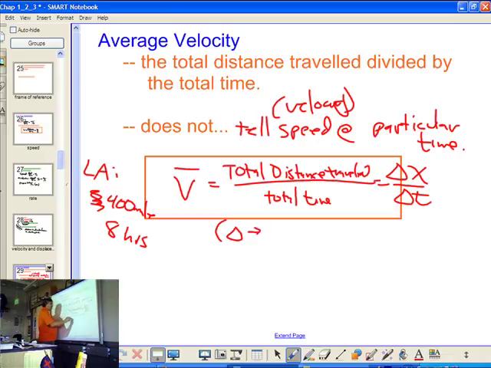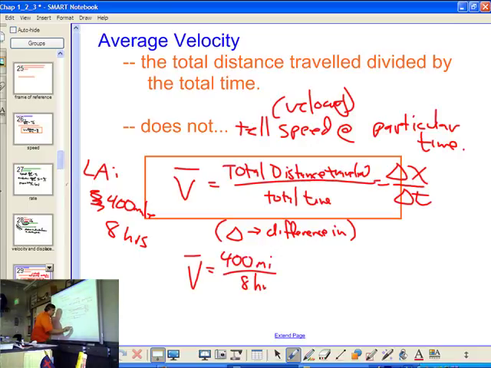That Greek letter delta means difference, which basically means my finish minus my start. Since our start is 0, it's my finish distance minus my start distance, over end time minus start time. Now, for my trip, my average speed equals 400 miles divided by 8 hours, so my average speed was 50 miles per hour.